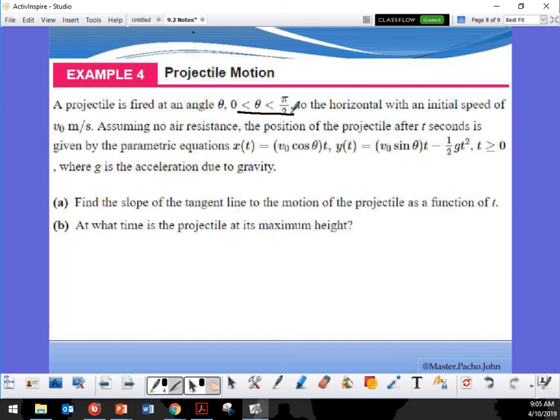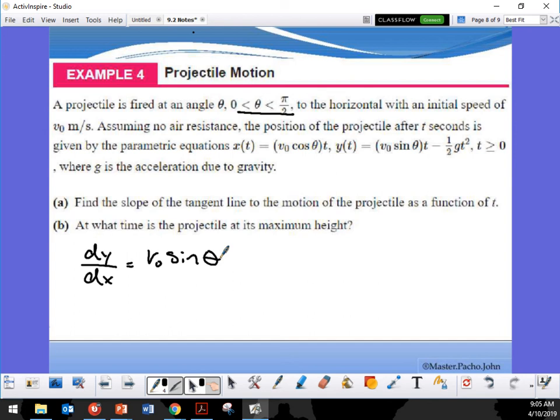Yeah. So, my derivative, so my dy is going to be what? Of sine theta, right? Because theta is not my variable. So I'm not taking the derivative of theta.